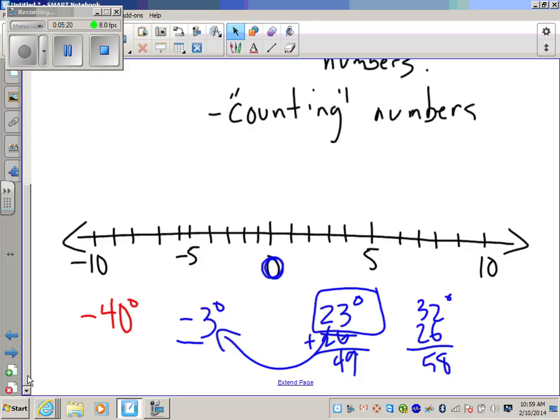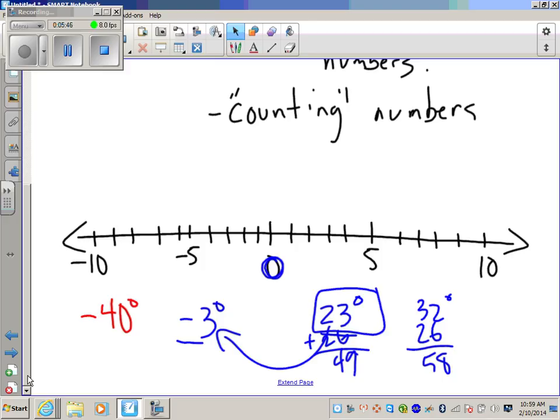So if you don't understand why school was closed or how much colder it really was on those days, it really was. So the further you get away from what magic number on the number line? 0, Desi. The further you get away from 0. So negative 40 is going to be where? Like by the wall, right?